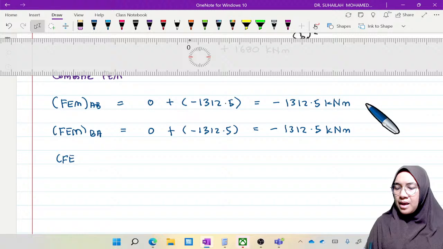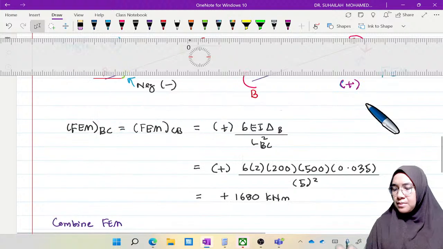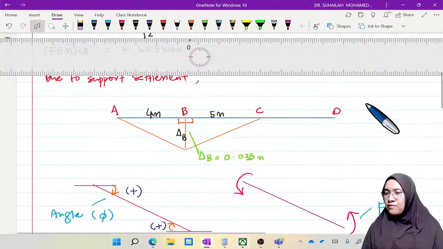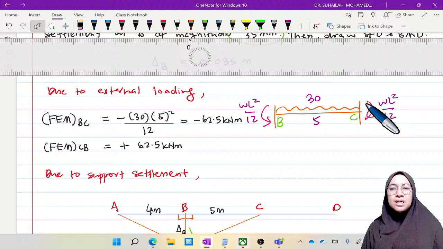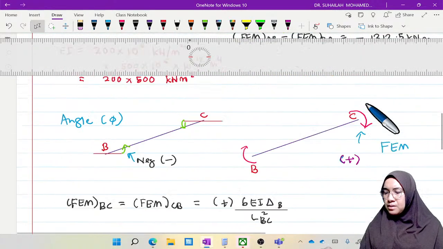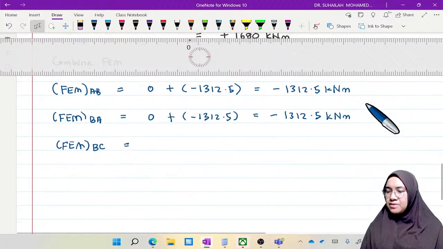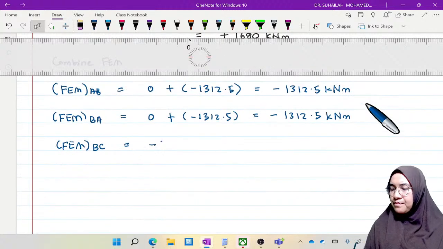Then for FEM BC, looking at the FEM due to external loading W, we get FEM BC is negative 62.5.